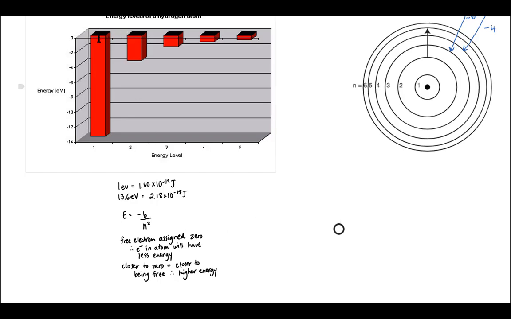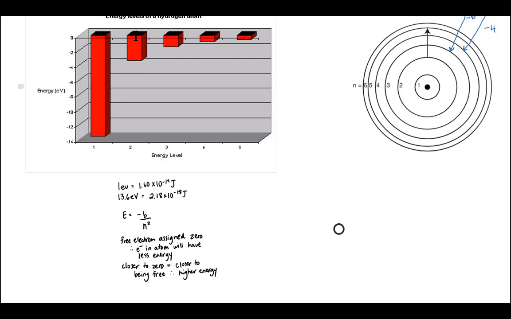If you can imagine our 0 point is here and our nucleus is here in the atom, as we go from a free electron, which is not attracted to the nucleus at all, to an electron on the first energy level closest to the nucleus, this is the amount of energy that is assigned to that. Negative B over n squared gives us this magnitude of energy, and it's going to have a negative value.